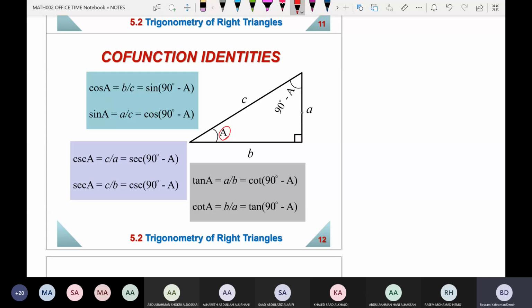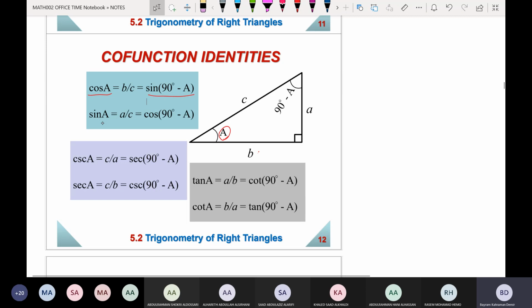So if you look at the cosine of A, Shabab, cosine of A is B divided by C. But it is the same as sine of 90 minus A, because sine of 90 minus A is also opposite divided by hypotenuse, so it is B over C. You see? Cosine of A and sine of 90 minus A are the same.